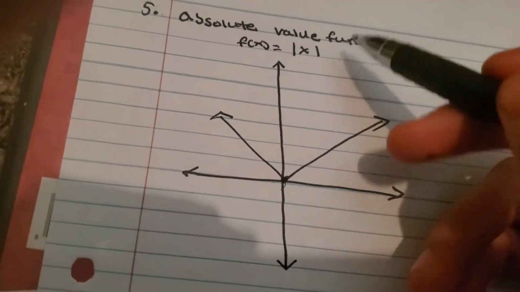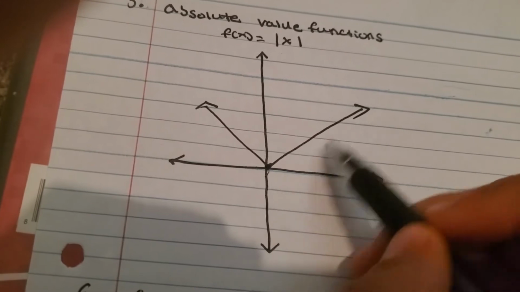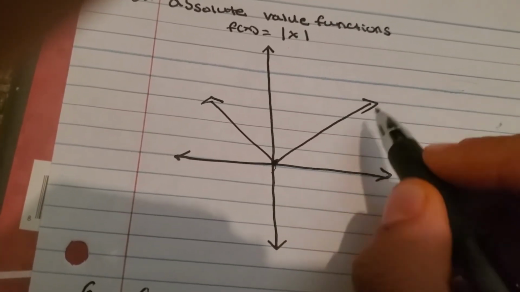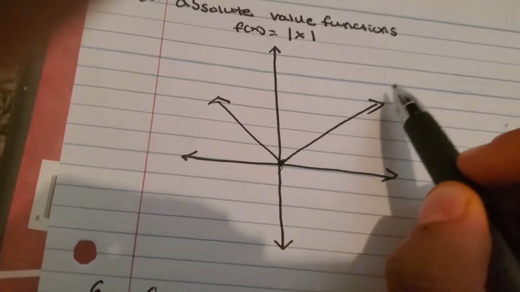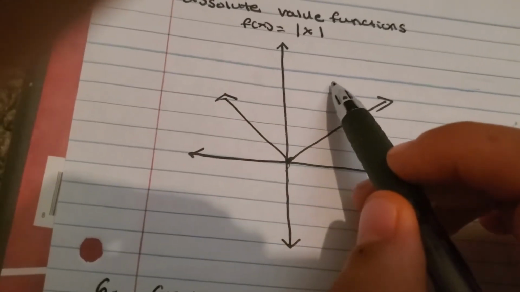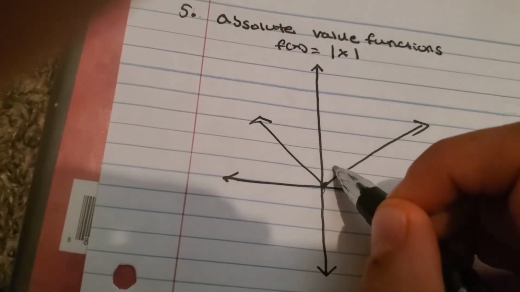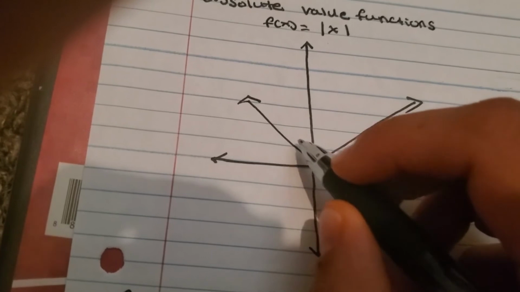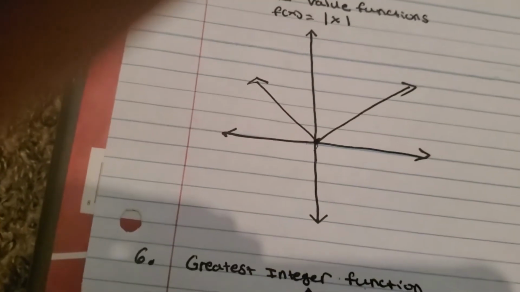All right, we'll talk about the definition later, but pretty much it's a piecewise function made of two linear functions: x if x is greater than or equal to 0, and negative x if x is less than or equal to 0. And it makes this V that increases infinitely. It's similar to a parabola, or an even polynomial, but you see that sharp turn right here, and that comes up in calculus when we try to differentiate it.